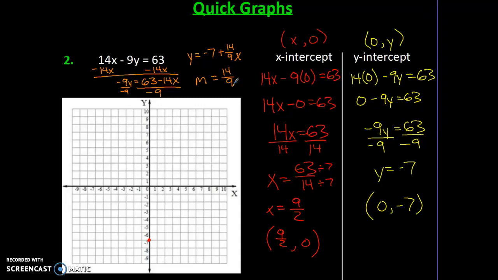Well, I know that slope is rise over run, so I have to rise up 14 and run over 9 spots to the right because we are talking about a positive slope. So therefore, I can take that slope, and now I can plot another point. I'm going to go up 1, 2, 3, 4, 5, 6, 7, 8, 9, 10, 11, 12, 13, 14, and over 9. 1, 2, 3, 4, 5, 6, 7, 8, 9. Now I have 2 points.